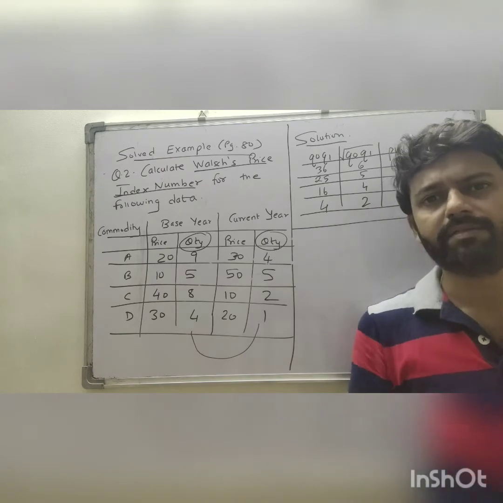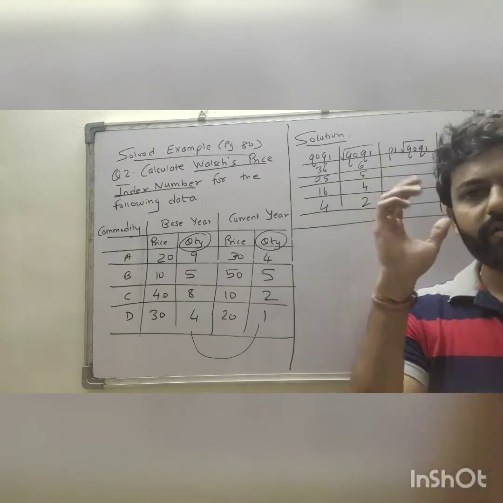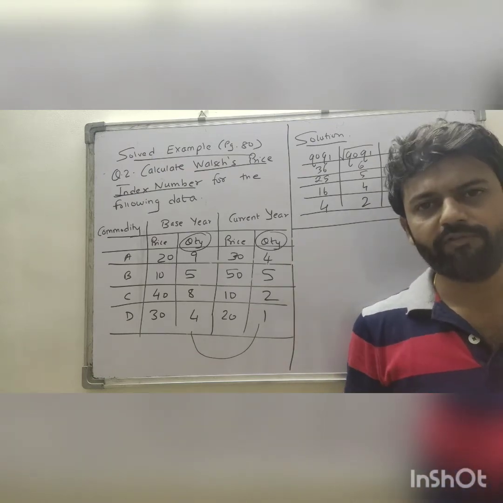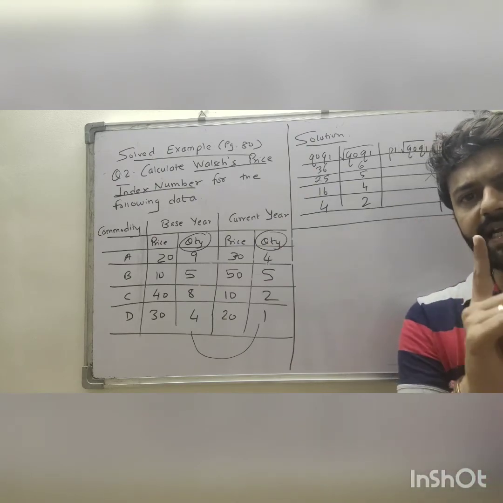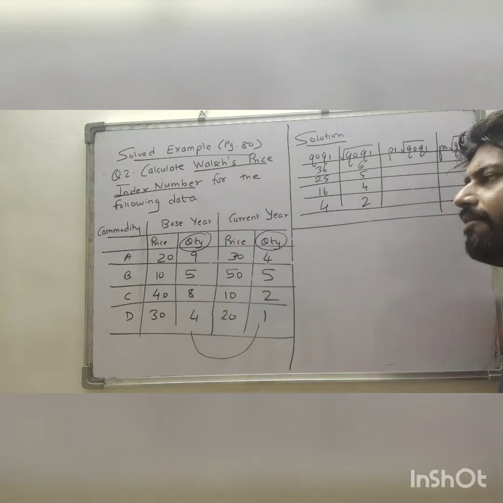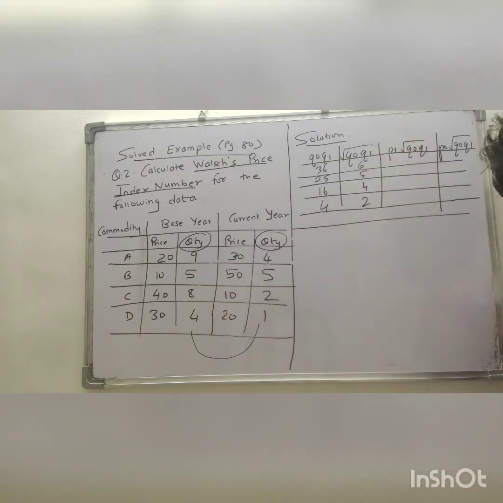Don't solve the sum, understand that the question is wrong. Even if the question is right, we have no method, we have no time to solve such a big sum. So only attempt to solve the Walsh price index number if you have perfect squares in their multiplication. Here we have the same.